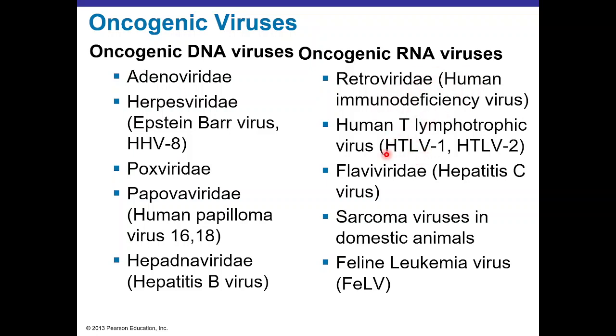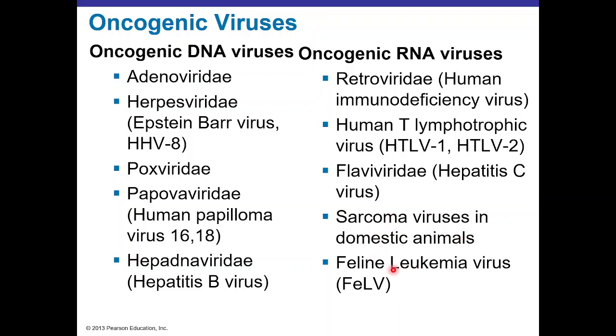We have human T leukemia virus or lymphotropic virus, like human T leukemia virus type 1, human T leukemia virus type 2. We have RNA viruses that also cause cancer in the liver like hepatitis C virus, which is part of the Flaviviridae family. We also have oncogenic viruses that affect domestic animals like cats, dogs, chicken, sarcoma viruses.